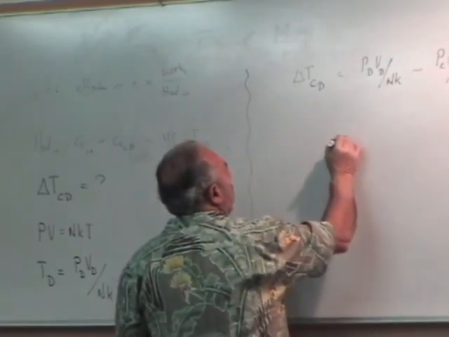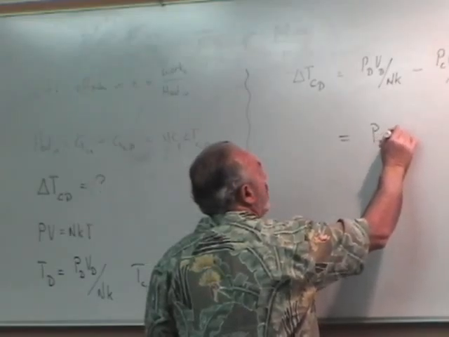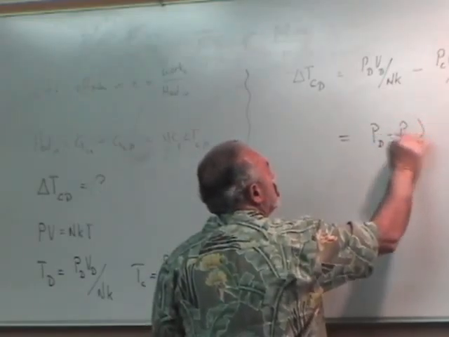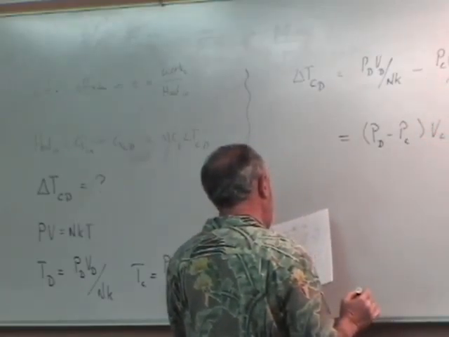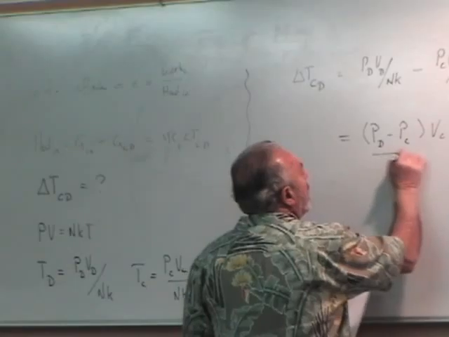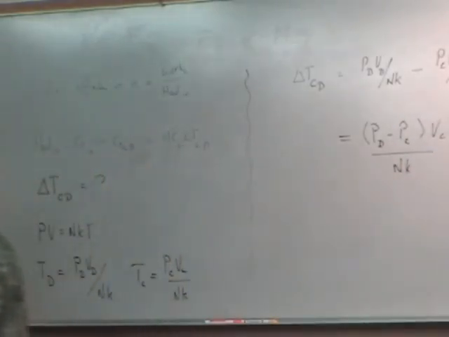I would like to write that as PD minus PC times VC, divided by NK. Hey, wait a minute, what happened there? Funky algebra? Actually, no. It's not funky algebra, is it?